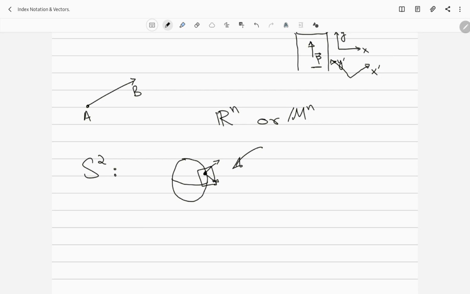This tangent space is the set of tangent vectors to all the curves that are passing through that particular point. And the vectors at each point in the space live in these tangent spaces, right?